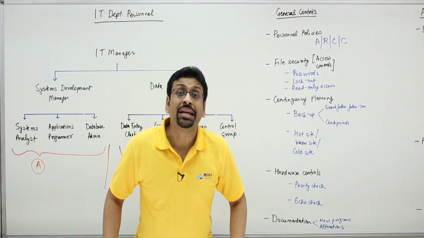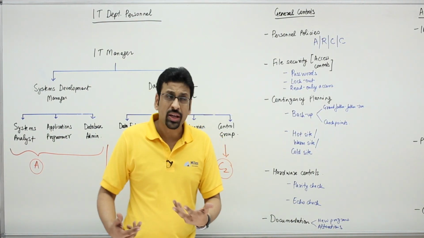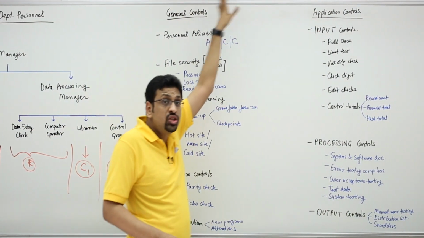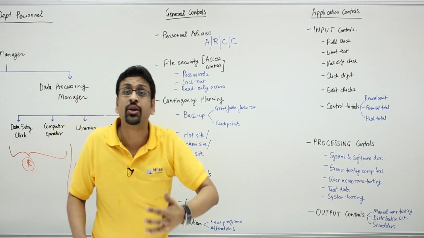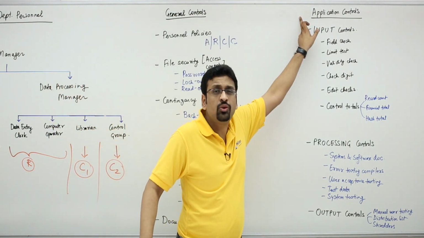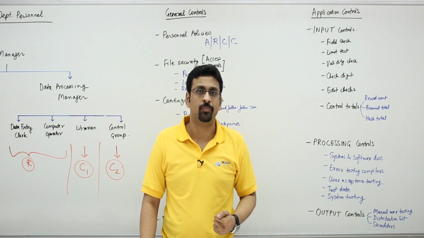Now let's look at important internal controls in IT environments. So we're looking at general controls and application controls. So general controls are controls which relate to overall integrity of the IT system. Application controls, they relate to individual programs and users of the system.